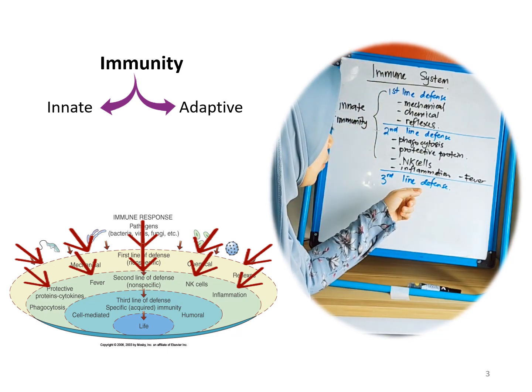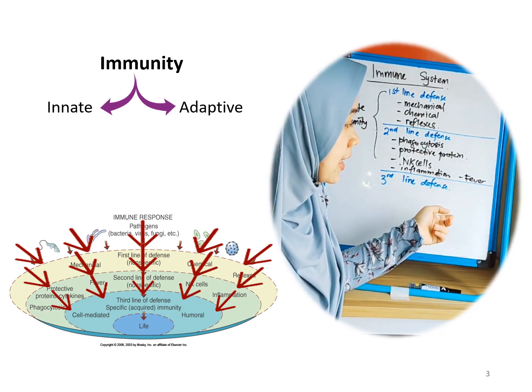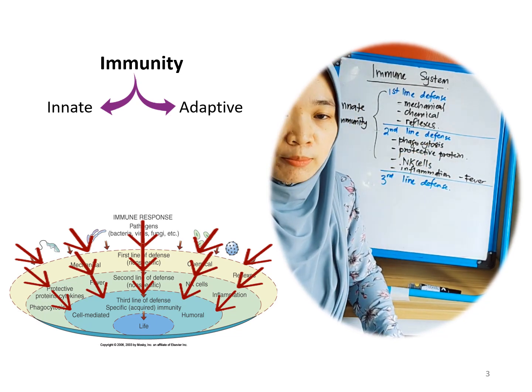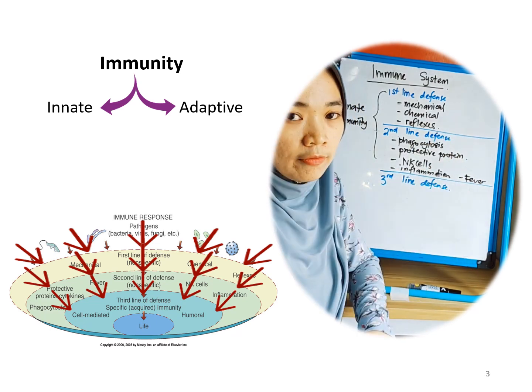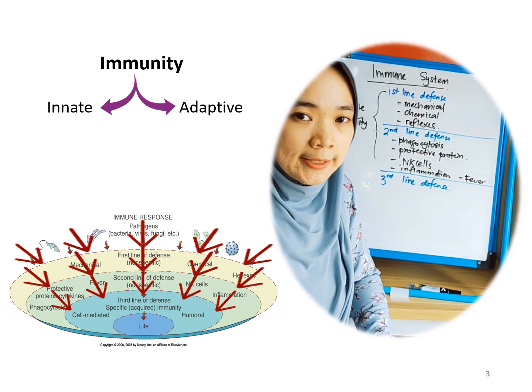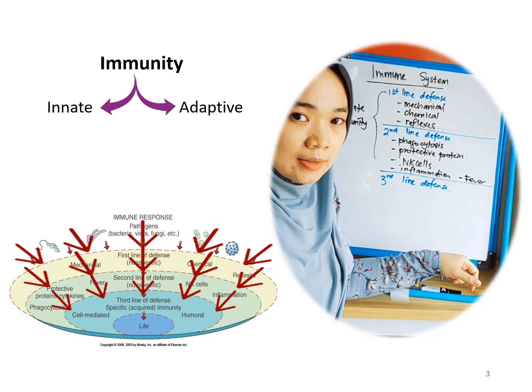But we also have a third line defense if, let's say, the pathogen cannot be eliminated or killed by these two groups of immune response. Okay, so we will discuss it later in the next slide.